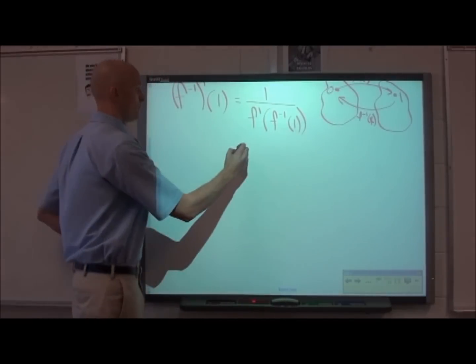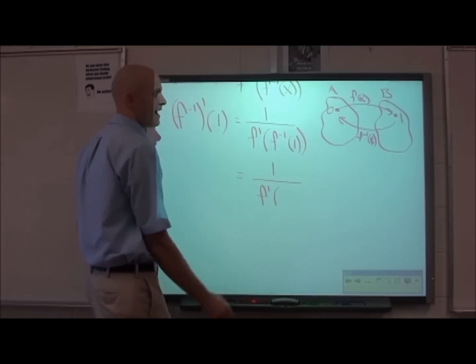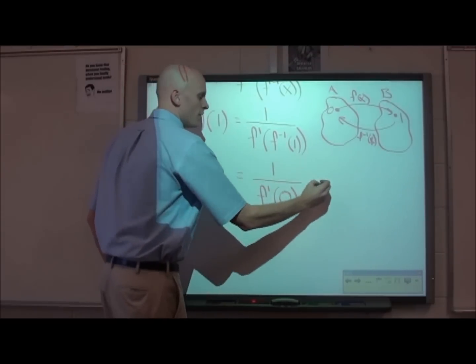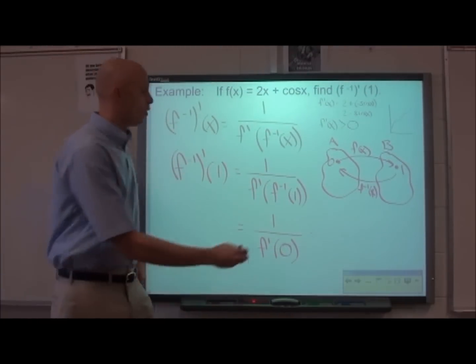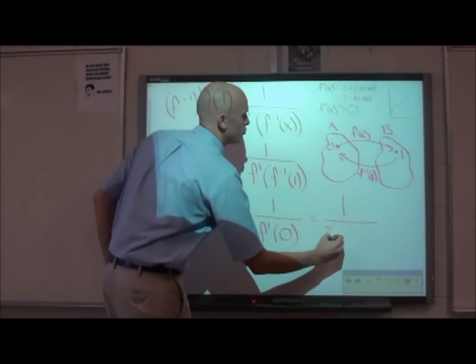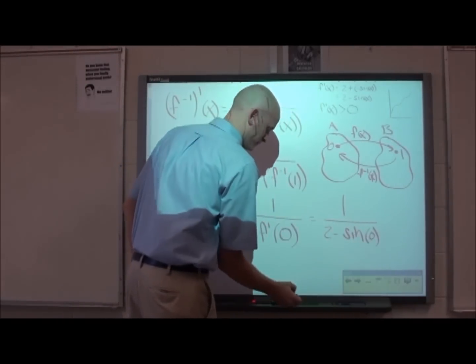I'm going to continue. So it's 1 over the derivative evaluated at 0. That is something we can find because we know the derivative. So it's 1 over the derivative evaluated at 0, which is 2 minus sine of 0.